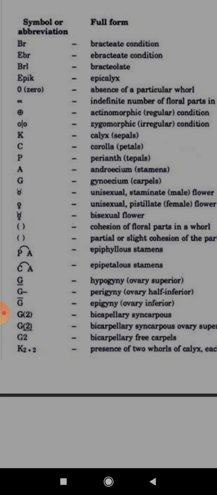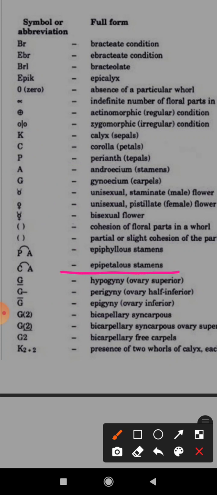Next we come to the epipetalous stamen. Epipetalous means when the androecium is attached to the petals. Petals or the corolla are represented by the alphabet C, right? Of course, when you write the floral formula, the corolla will come first, because corolla is the whorl that is outer to the androecium.